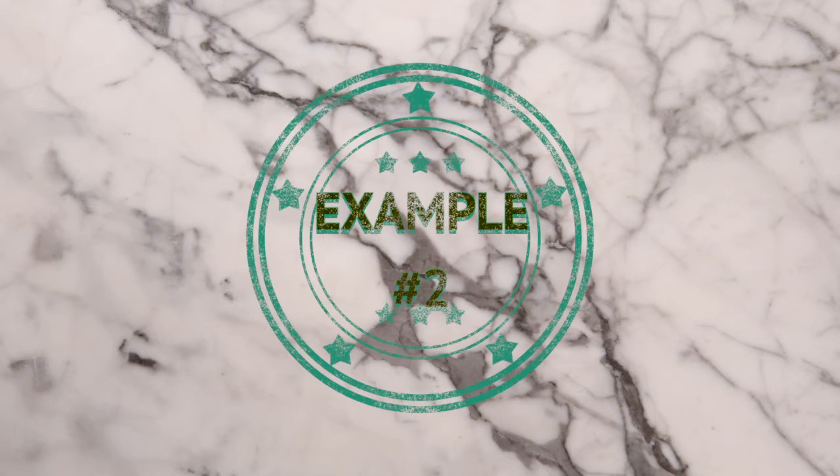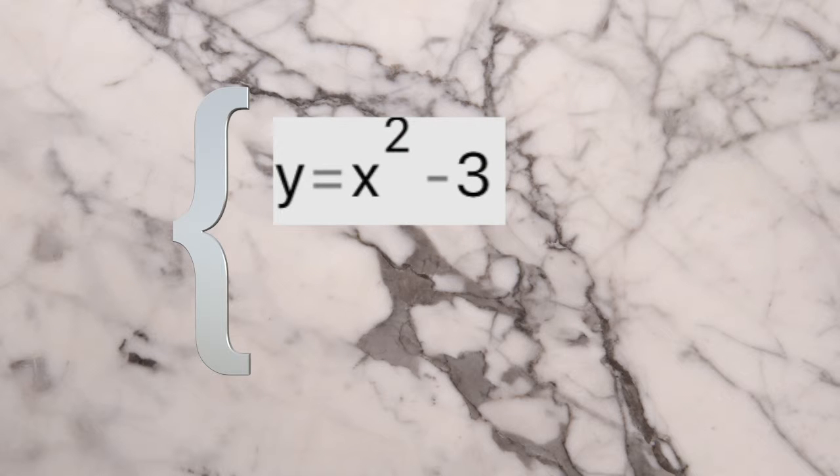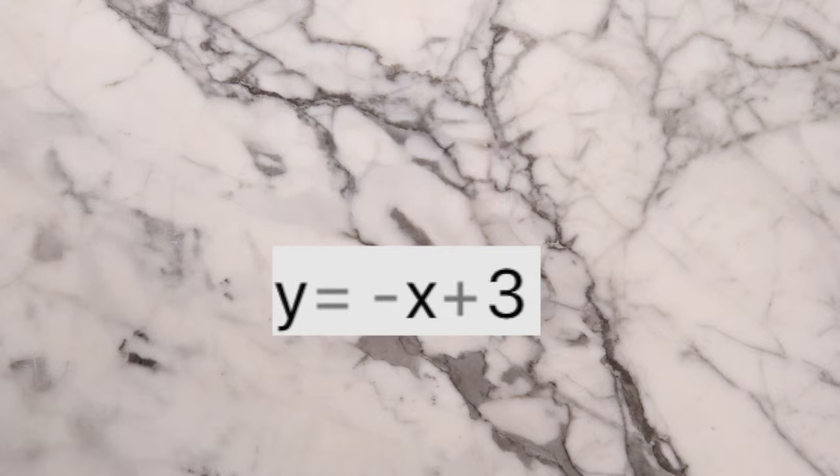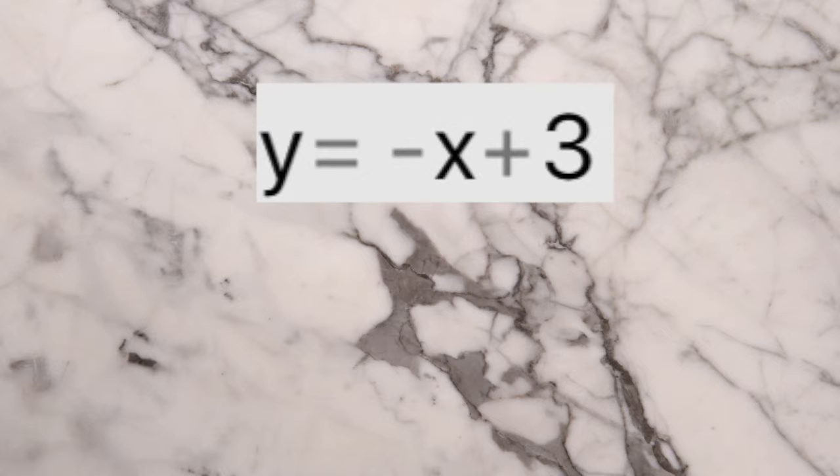Example number 2. The first equation is y equals x squared minus 3, and the second equation is y equals negative x plus 3. Again, I will choose the second equation to be substituted inside the first equation. Since the second equation already has its value for the y, we will already substitute it to the first equation.